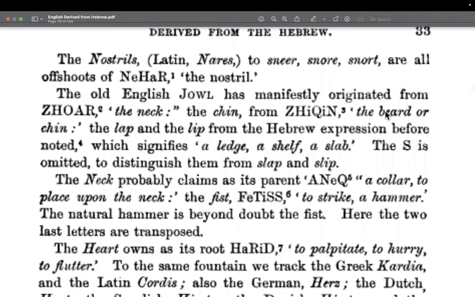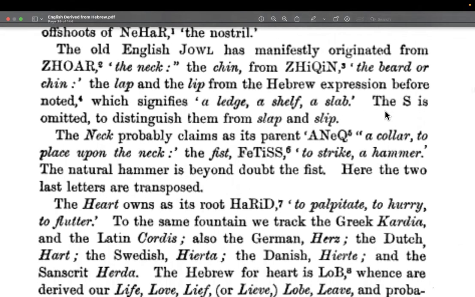The nostrils, Latin nares, to sneer, snore, snort, are all offshoots of nahar, the nostril. The Old English joel has manifestly originated from zoar, the neck, the chin from zakin, the beard or chin, the lap and the lip from the Hebrew expression before noted, which signifies a ledge, a shelf, a slab.